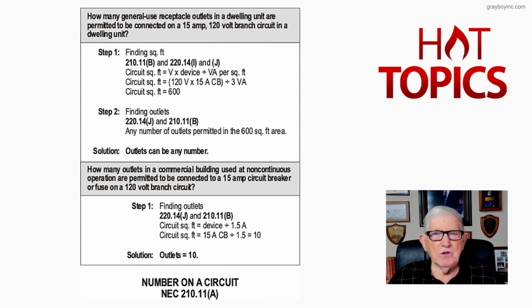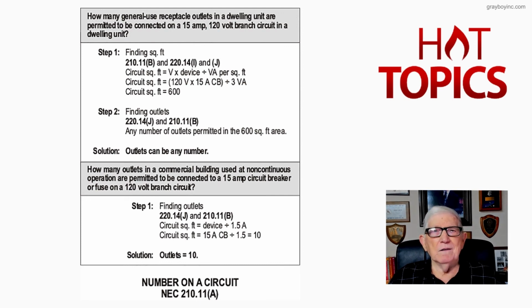210.11B, they work together, and we can put any number of circuits that we want, or I shouldn't say circuits, but number of outlets that we want on that 15 amp overcurrent device, as long as we don't exceed the 600 square foot. Now sometimes the cities say, no, we're not going to go along with that.